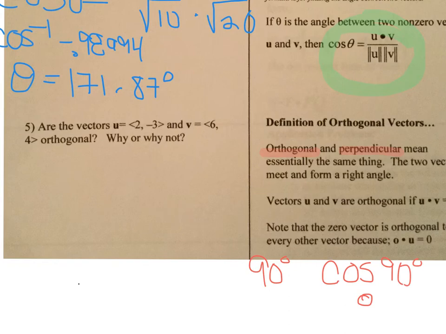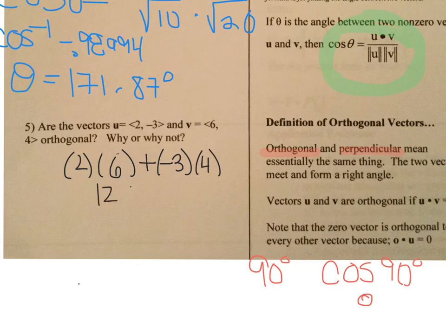So let's work this and talk about what's cool. Are these vectors orthogonal? What we would do is the same thing I did above. I'm going to do 2 times 6 plus negative 3 times 4.